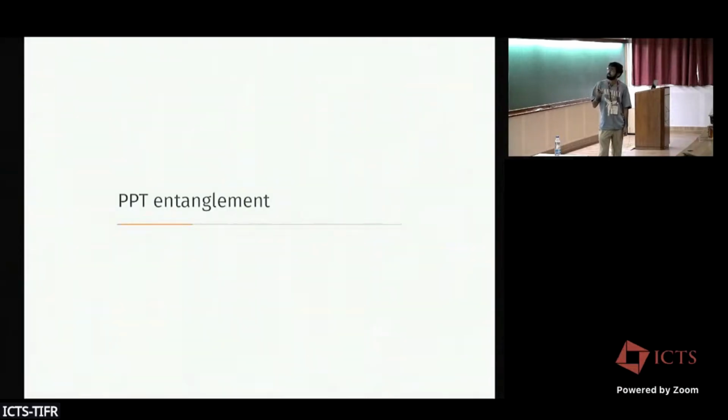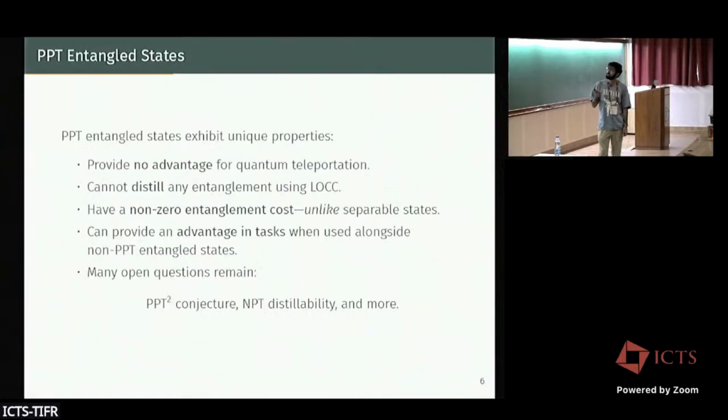So why is PPT entanglement important physically? These states exhibit some unique physical properties. First, they provide no advantage for tasks like quantum teleportation, and you cannot distill any entanglement out of them using LOCC. These first two things are like separable states.